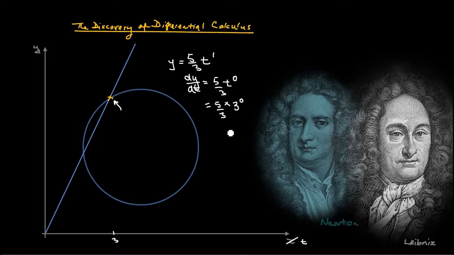Now, by the laws of indices, anything to the power 0 is 1. So we end up with 5/3 times 1, which is just 5/3. So we've got the same result, and we've shown that this method, taking the derivative, works whether it's a straight line or a curve.